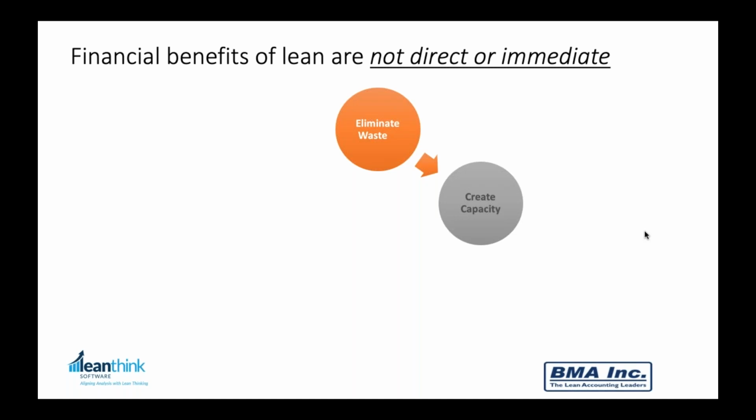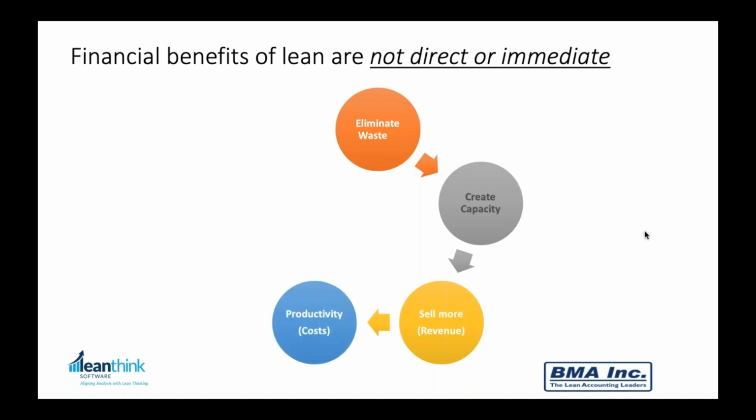So it's the use of the capacity which drives the financial results. You can produce and sell more if there's demand. That will drive revenue growth. Your costs are controlled through all of the lean principles, practices, and tools employed in value streams, which really improve productivity over time, and they will reduce costs over time.